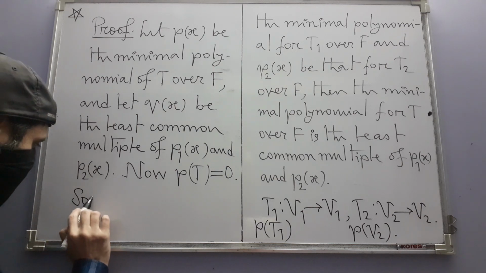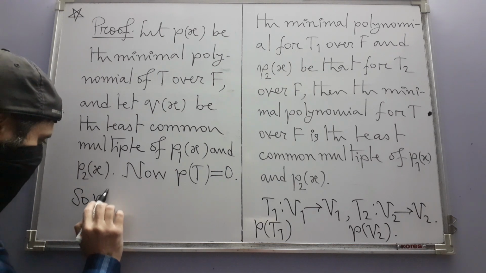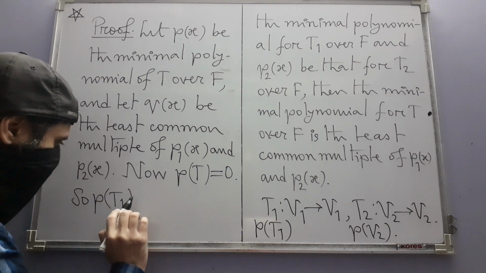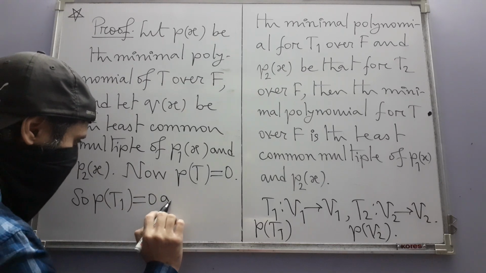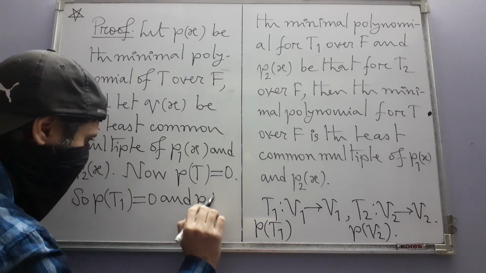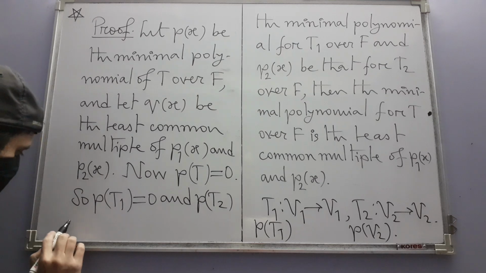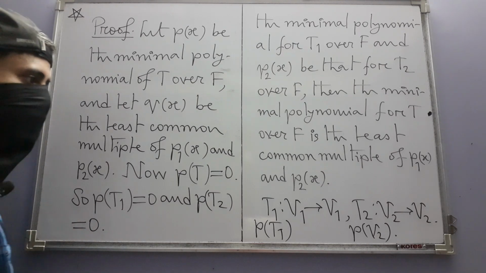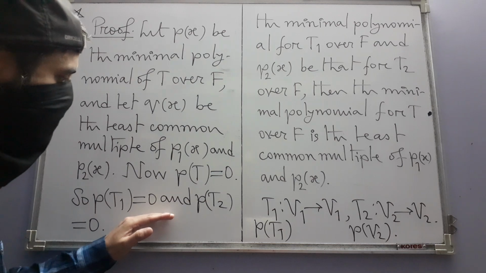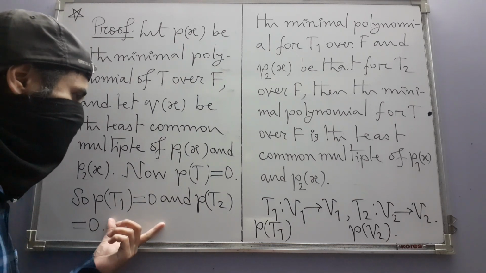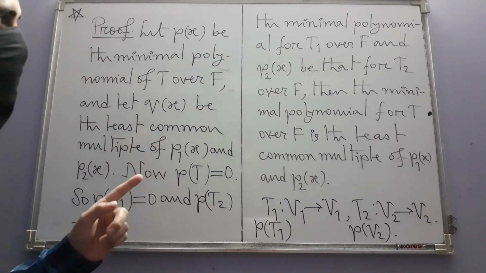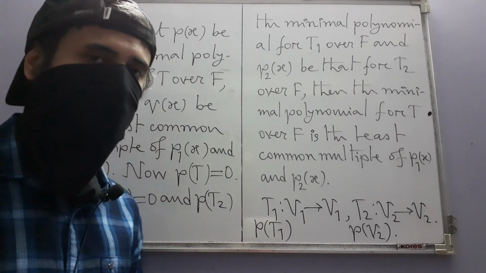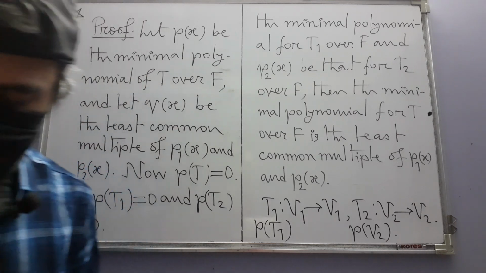So p(T1) is equal to 0 and p(T2) is also equal to 0. But now what does it say? How can we link this with the minimal polynomials for T1 and T2, which are p1 and p2?